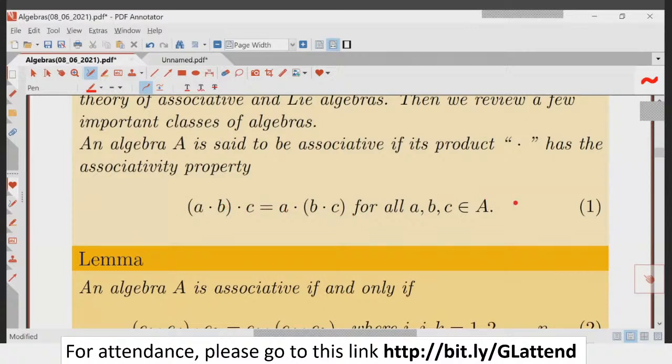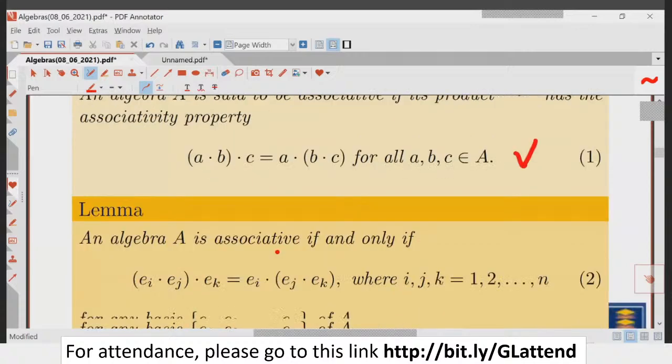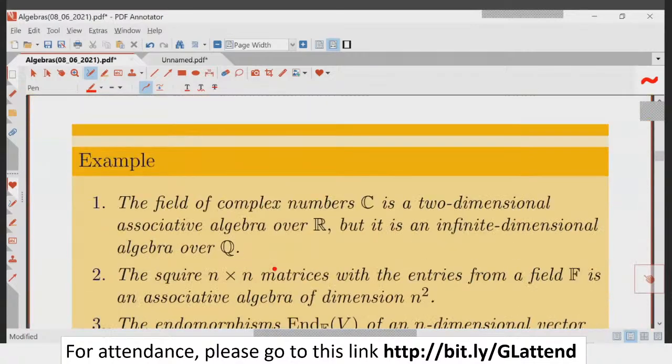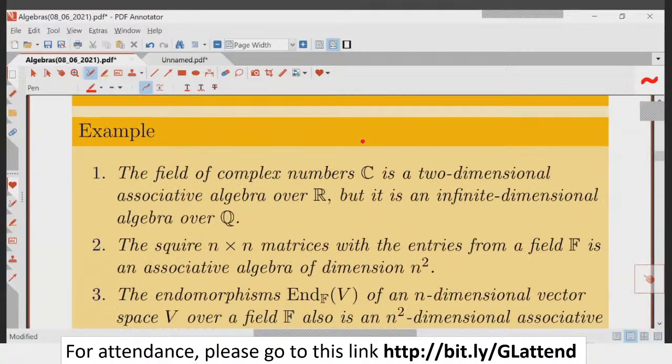So this is our associative algebra. Examples of associative algebras. Let me first give examples. Complex numbers form an algebra, and the product operation is given there. The product operation is associative. It is an algebra over R.